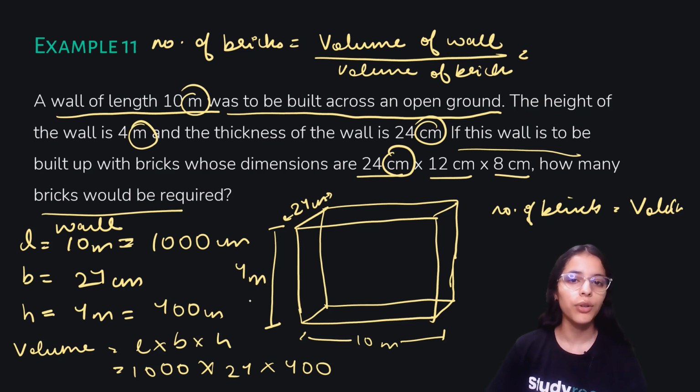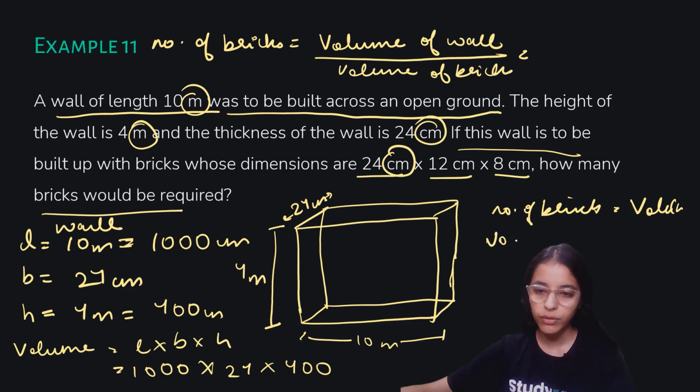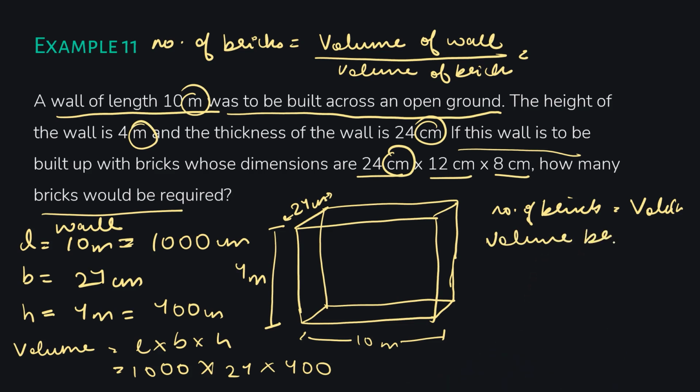It will just add on to your calculation because in the final answer you will just have to cut it out, and taking common and cutting the fraction is much easier in this format because you already have factors. So now let me find out the volume of bricks.